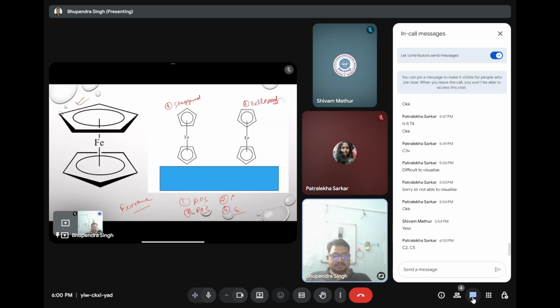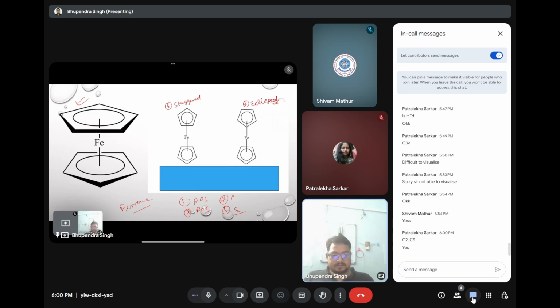Okay, Patlekha is saying C2 and C5. You are trying to find out the AOS. C5 I can see, which is passing through this axis.